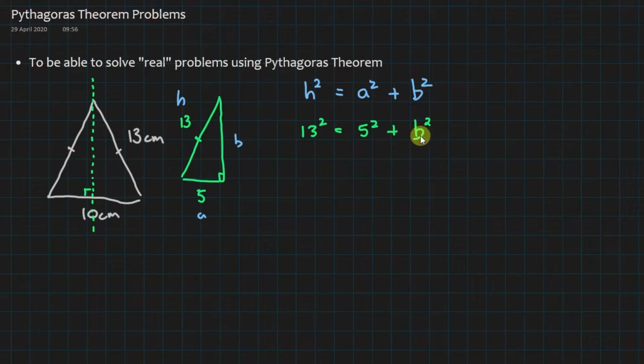I want the b squared on its own, so I'm going to subtract 5 squared from both sides. That removes this 5 squared from here, effectively dragging it to the other side. This line probably I would not expect to see being written actually, so I'll just raise it. This is a thinking step really, because it's the sort of thing you might do. 13 squared minus 5 squared equals b squared, and we would calculate that.